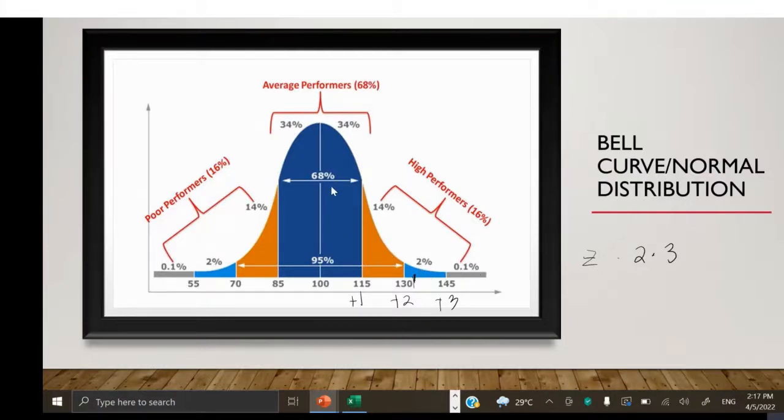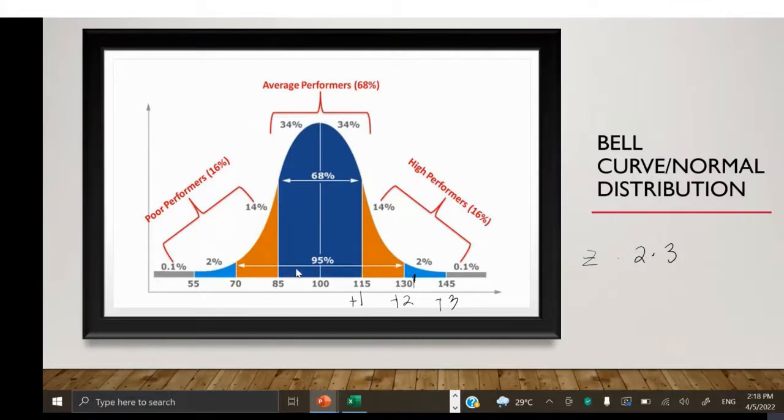Say for example, for IQ, it is assumed that the distribution of people in terms of intelligence would reflect this picture, the normal curve, wherein 68% of people would fall between the positive first standard deviation and the negative first standard deviation.